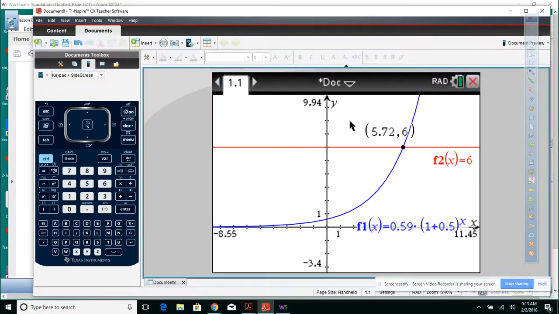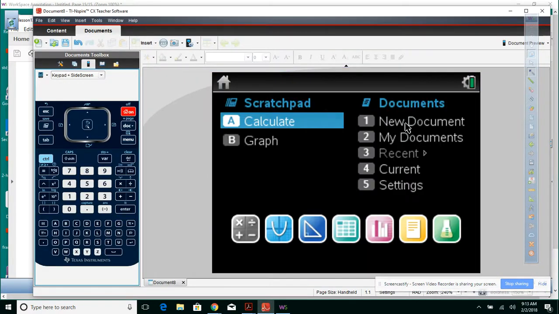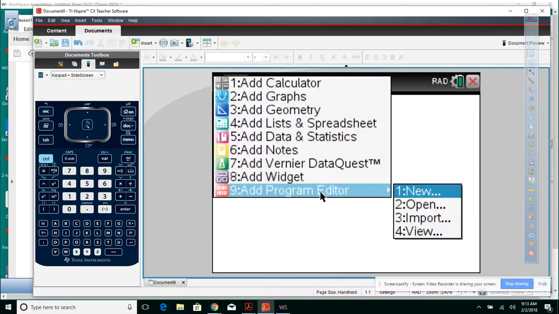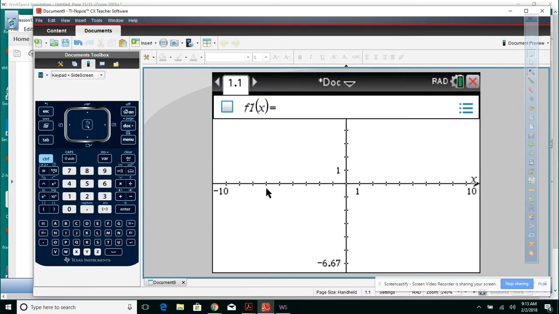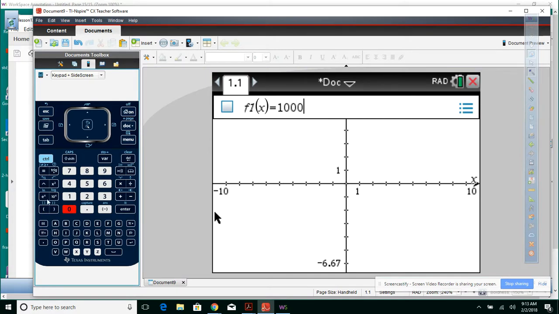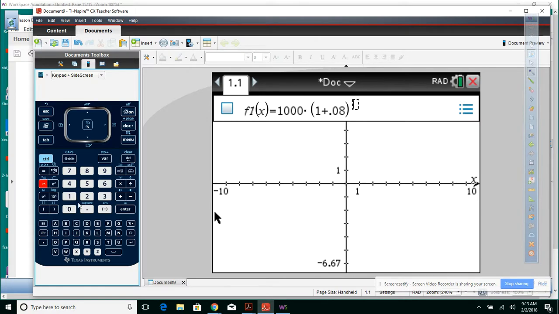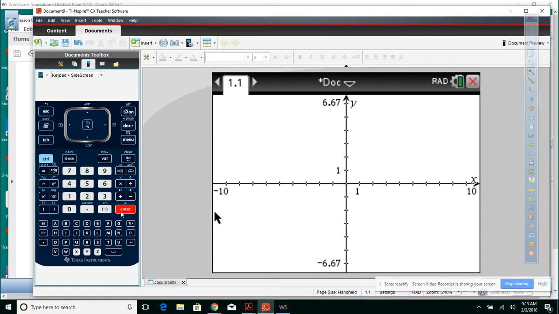Let's try graphing it. New document. No graphs. And then we got 1,000 times open parentheses 1 plus 0.08 close parentheses caret x and enter.